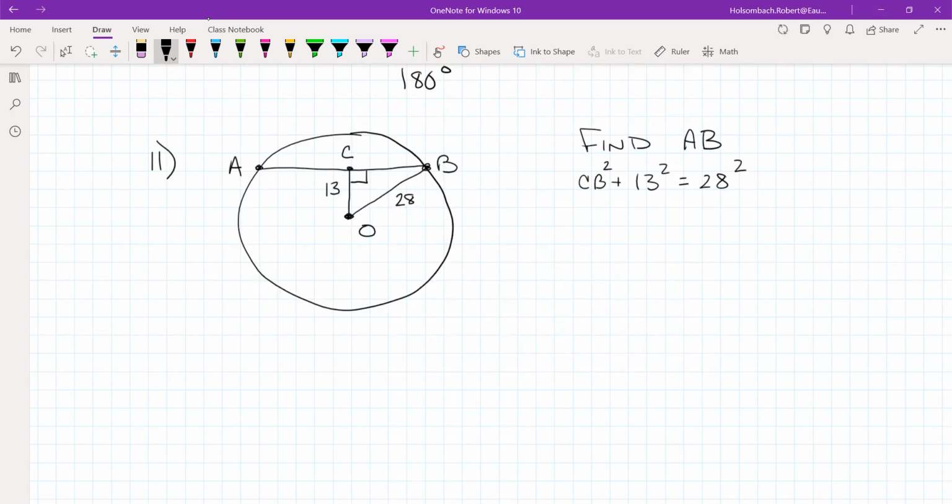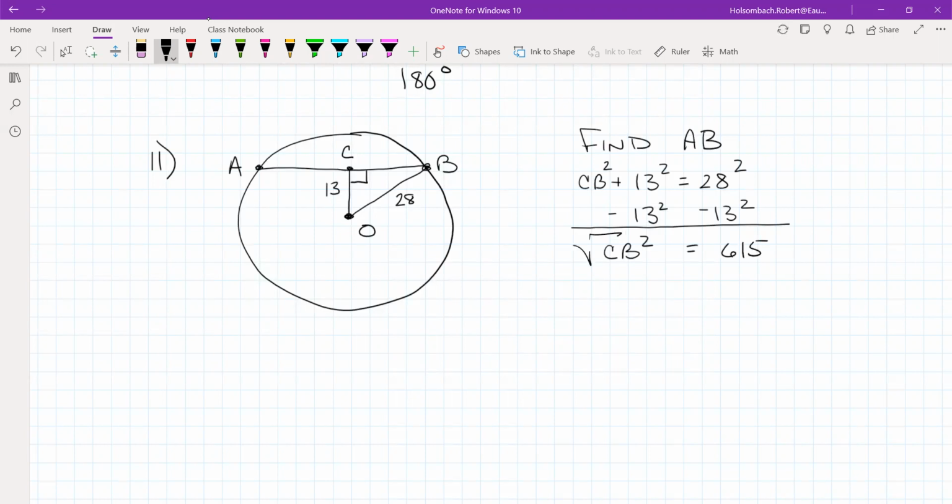So we can subtract 13 squared from each side. And CB squared equals 28 squared minus 13 squared, which is 615.